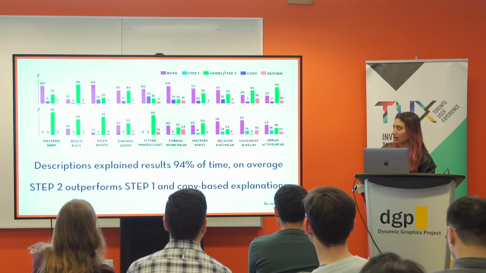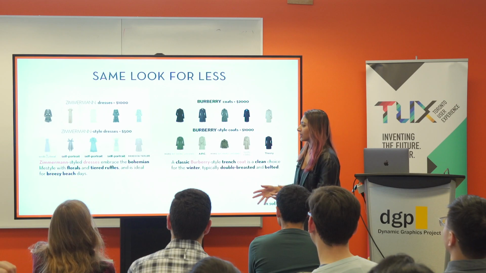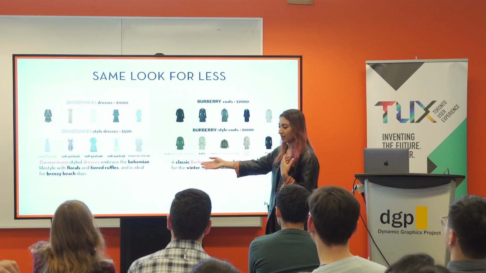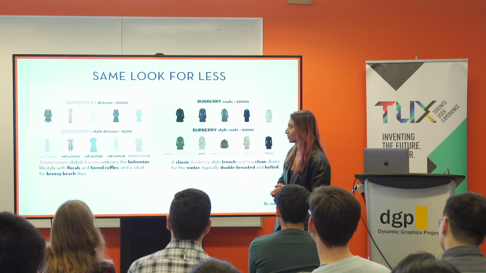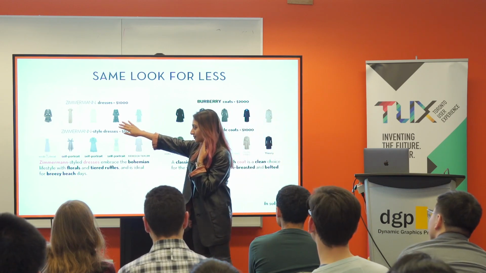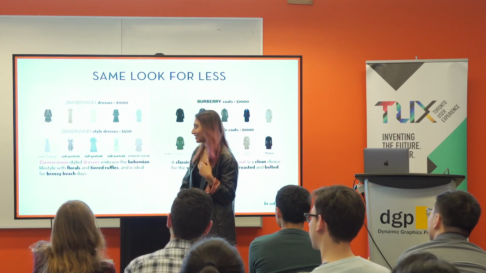But to finish off, I just want to show you other applications where we can reuse the same model. So it's not just for keyword-based queries. You can also do things like find the same look for less. Since we understand styles, we also understand brands, like what makes a brand the way it is. So Zimmermann is an expensive brand. They sell dresses for more than $1,000.